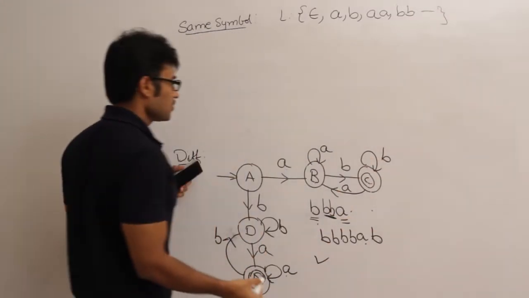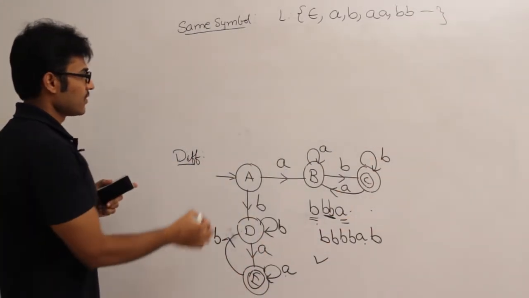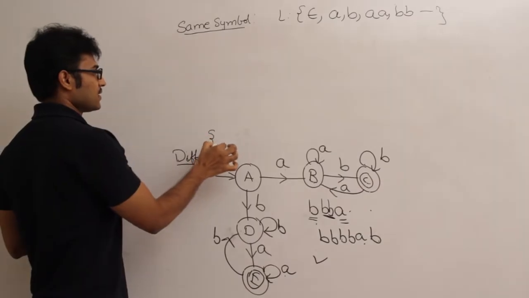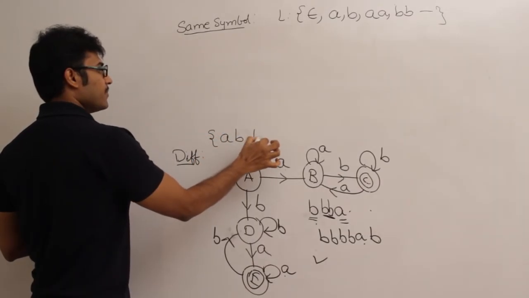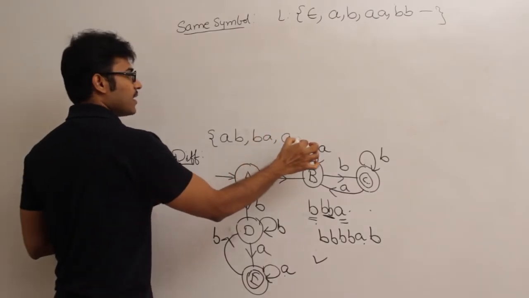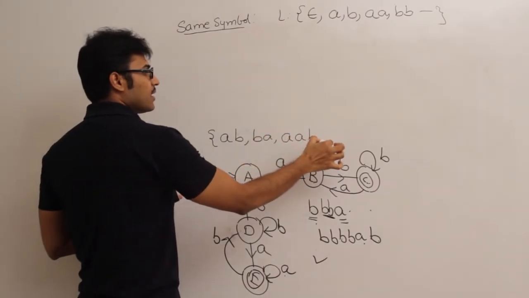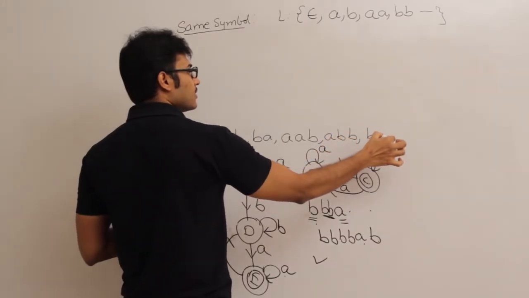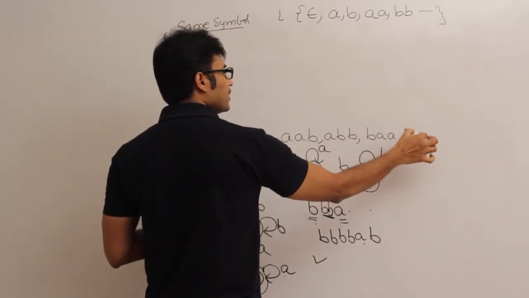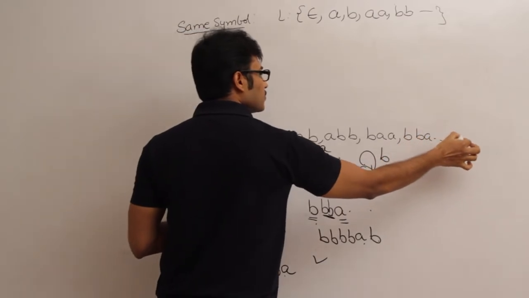What about this one? Starts and ends with different symbols. If you have seen this, it is going to be AB or BA, and then AAB, and then ABB, and so on.